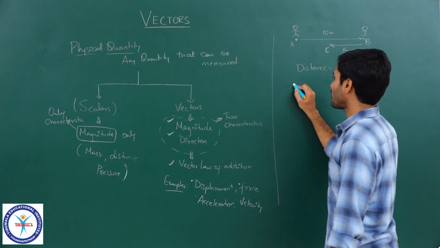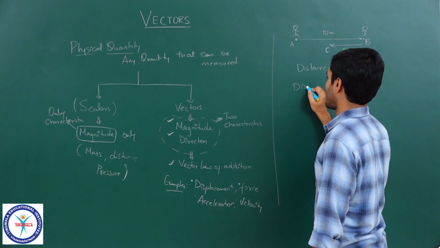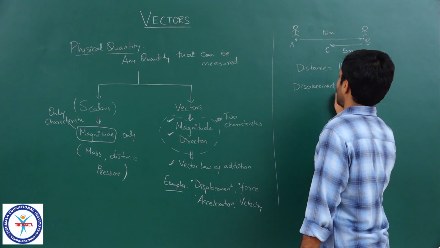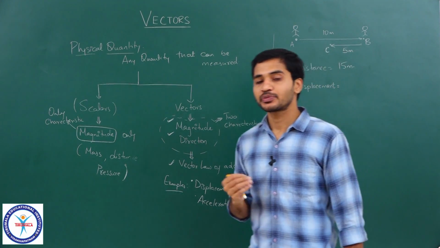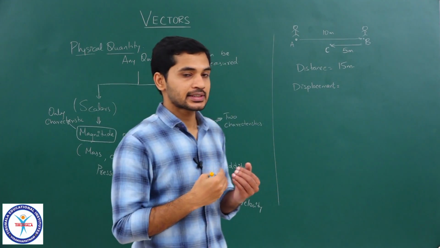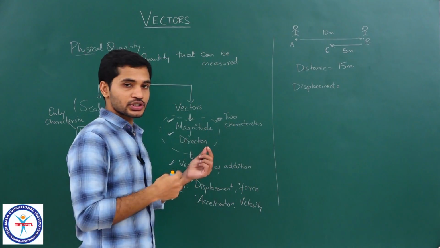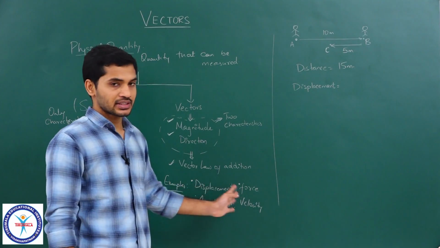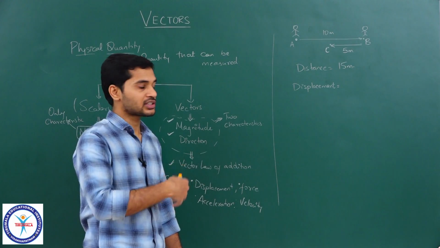But if I ask you what is the displacement of the man, displacement is completely different. Displacement is basically the shortest distance from the initial position to the final position. That is how we define displacement. You will understand the definitions of all these as we study further.